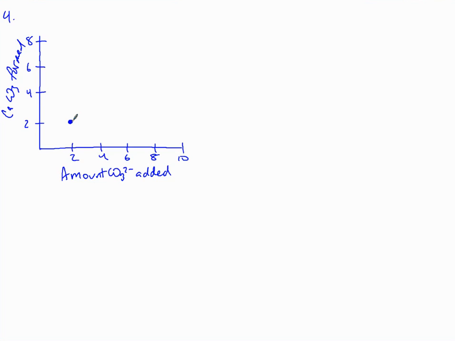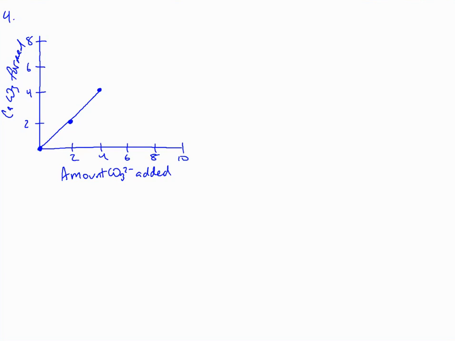When we added 4 millimoles, we ended up with 4 millimoles of the product. So far, we have this linear graph. It was also at 0, 0. Every time we add reactant, we get product.